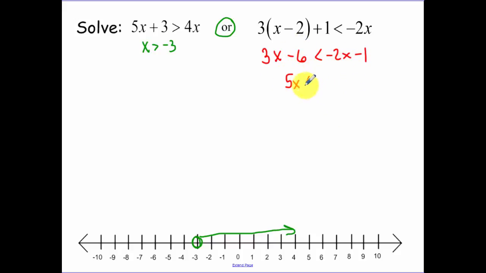I'm going to add the 6 over. Now we divide by 5, so x is less than 1. Now this is an or, so which numbers make this one or this one true? I've shaded everything twice, so that ends up being all real numbers.